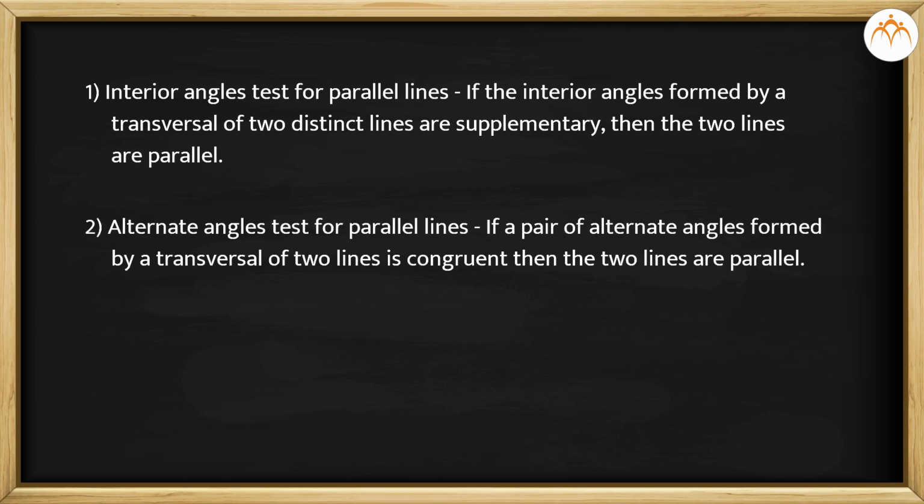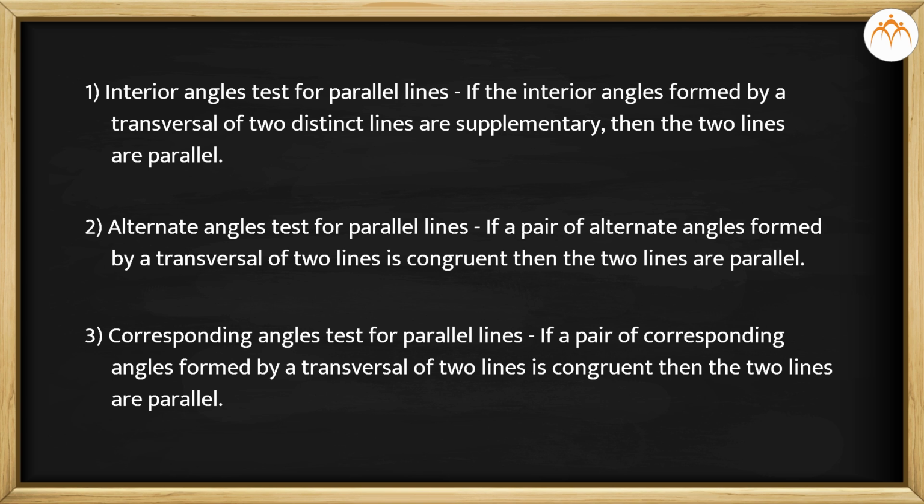Alternate angles test for parallel lines: if a pair of alternate angles formed by a transversal of two lines is congruent, then the two lines are parallel. Corresponding angles test for parallel lines: if a pair of corresponding angles formed by a transversal of two lines is congruent, then the two lines are parallel.